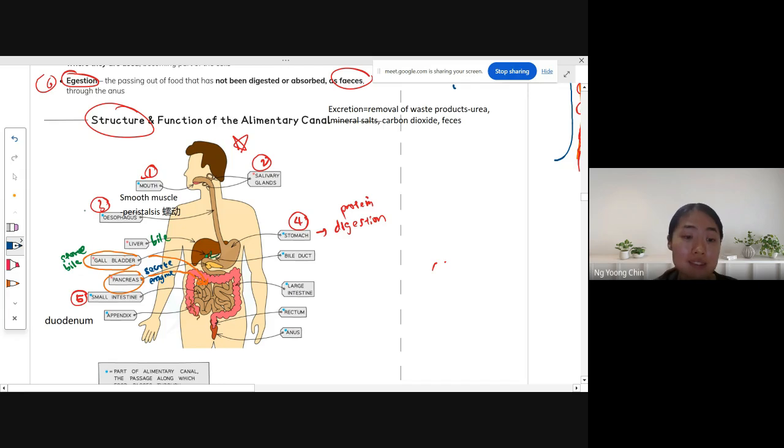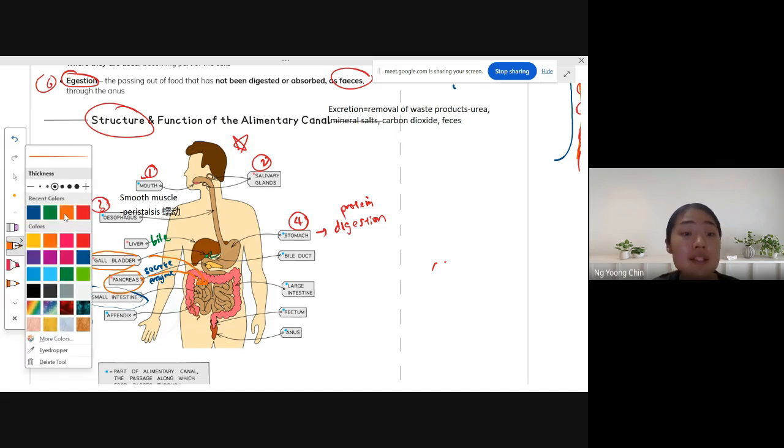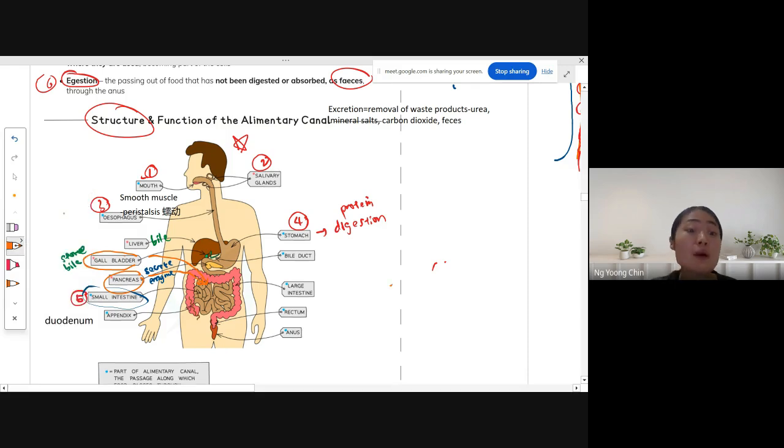So the pancreas will produce the enzymes, and then the enzymes will be released to the small intestine, right? So the small intestine is a site for chemical digestion to happen. They perform the chemical digestion at the small intestine.